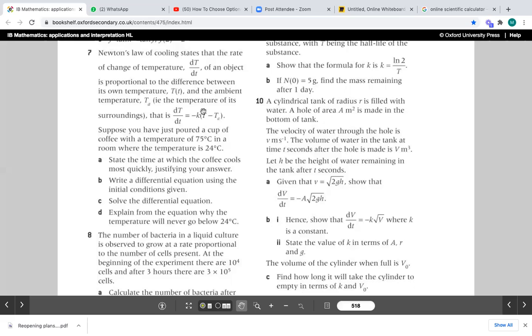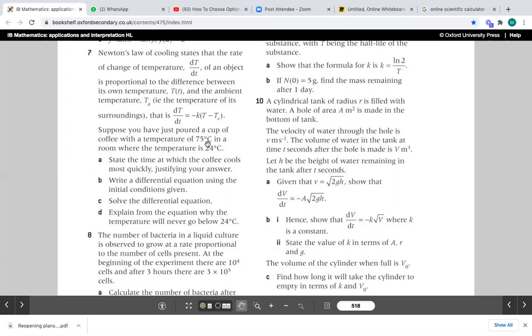It says that the rate of change is proportional to the temperature difference. So dT by dt will be maximum when this difference is maximum, k being constant. And the difference is maximum at 75 degrees Celsius.